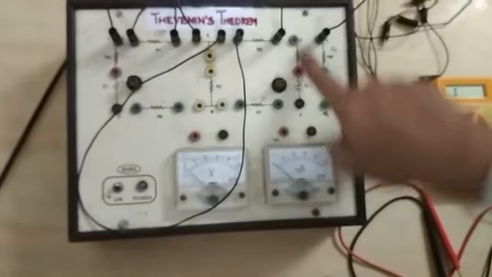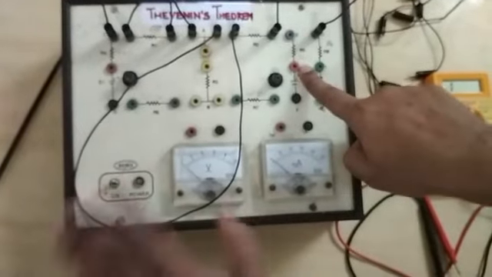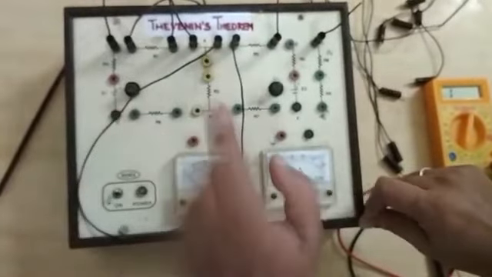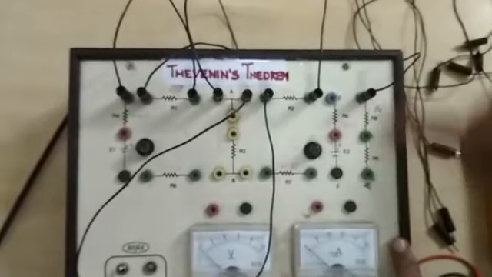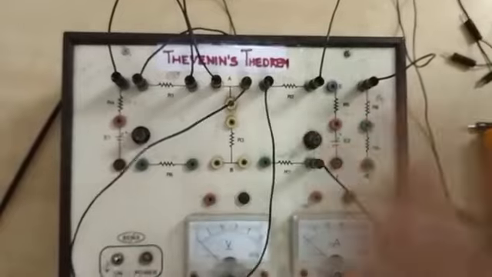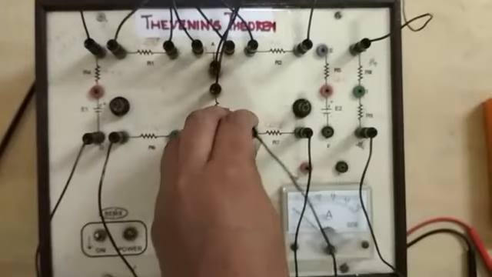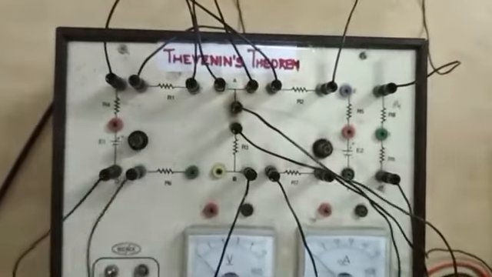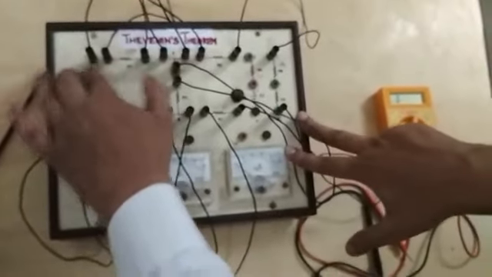Here there is one more source in this circuit, but as you know, we have considered a single source in our circuit, that's why I am not taking this source. I am taking this one as a load. I have already connected all the open paths.